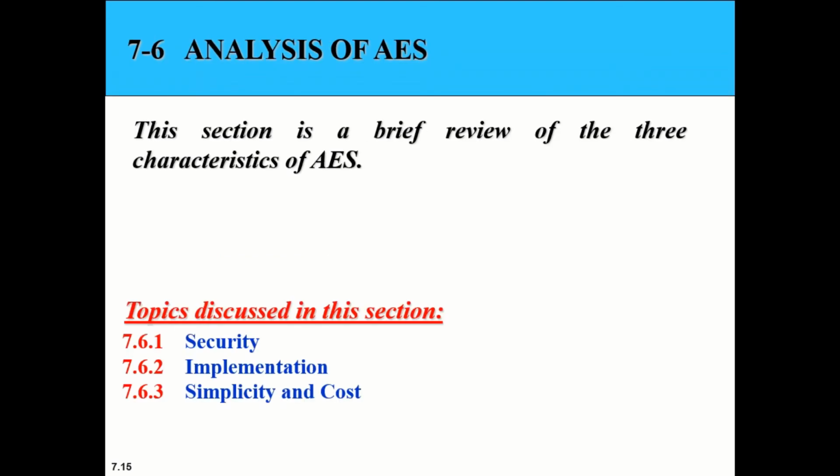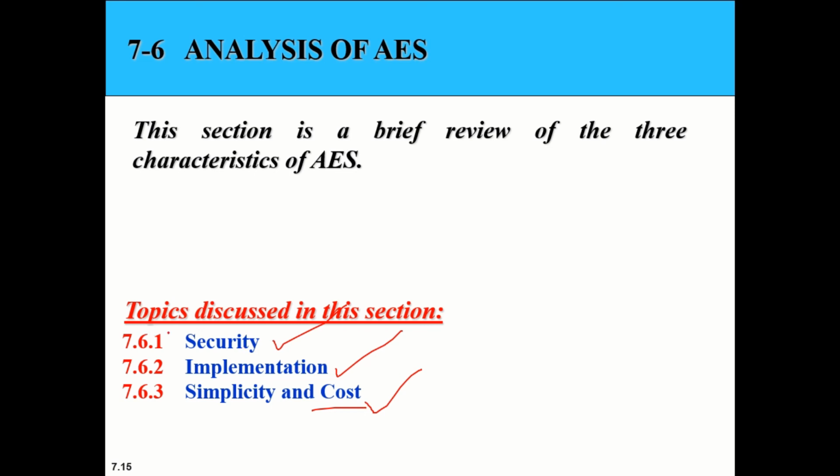Now comes the analysis of AES, which is the last part. So the criteria for asking for AES by NIST was based on these three requirements, which were security, implementation, and cost. So this thing we discussed in the initial part of AES as well.